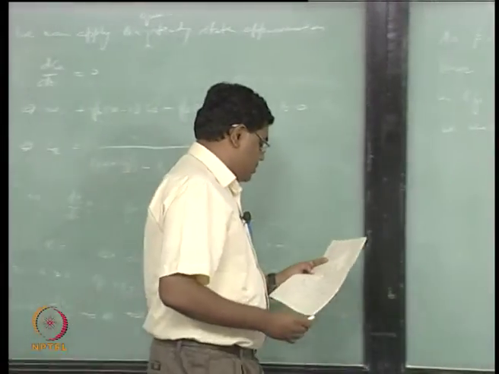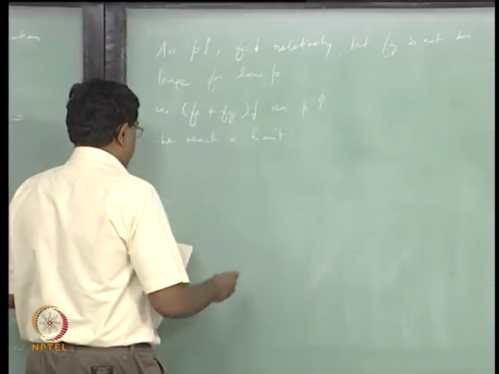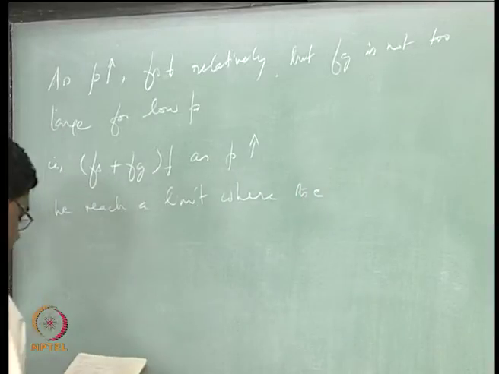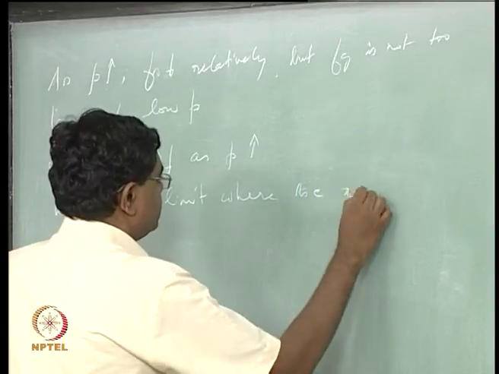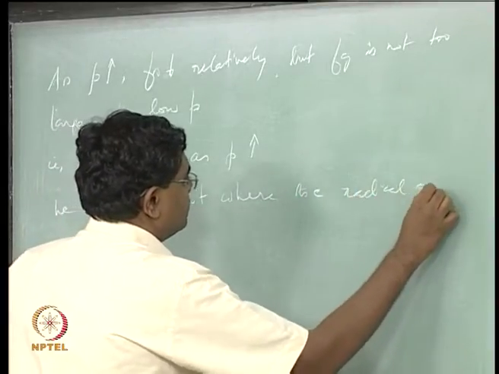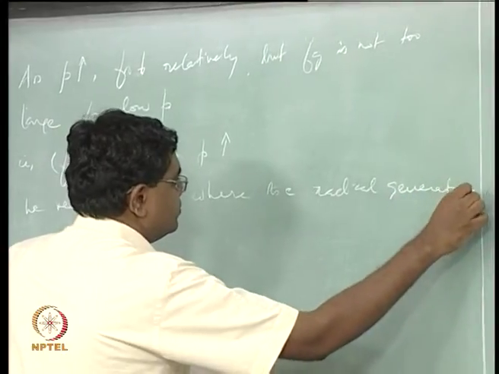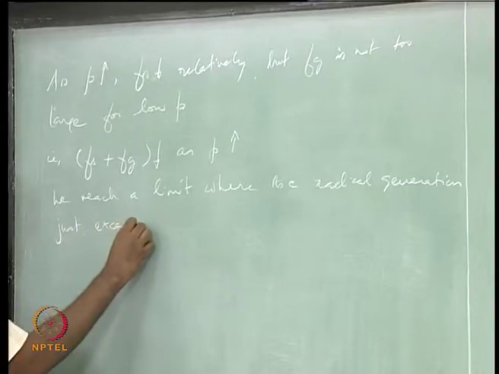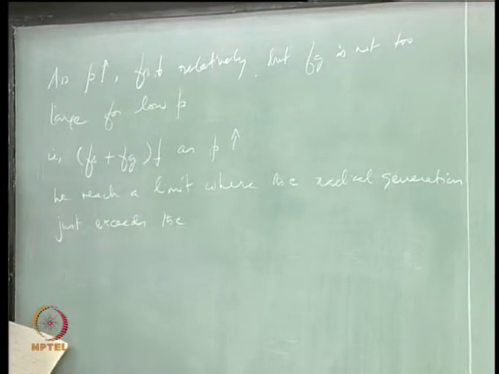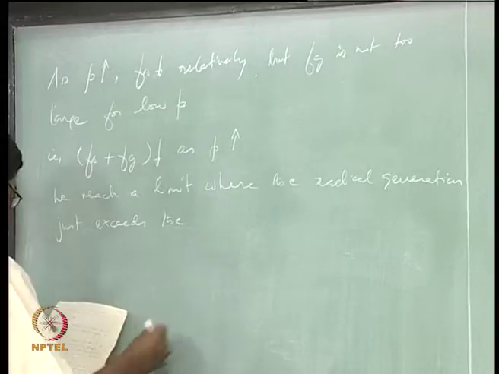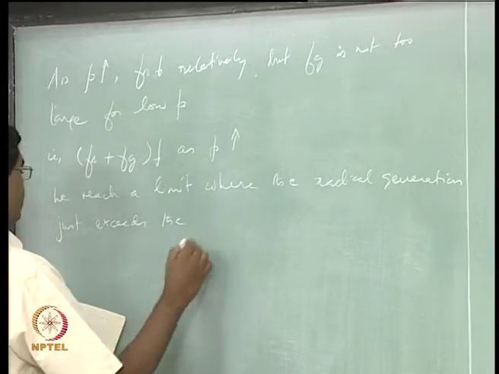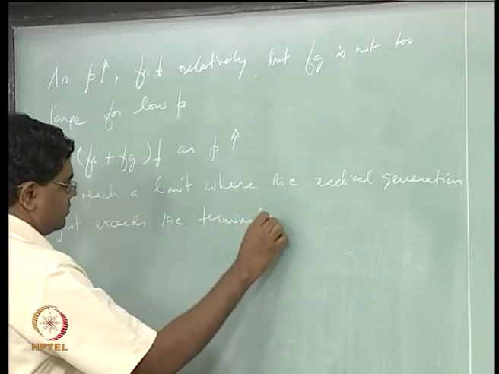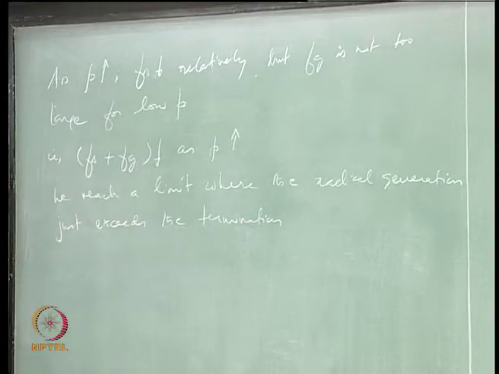So we reach a limit where the radical generation just exceeds the termination, right.